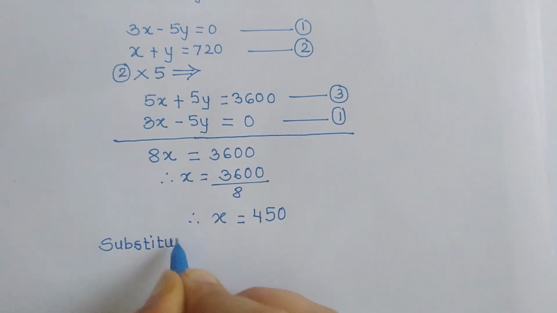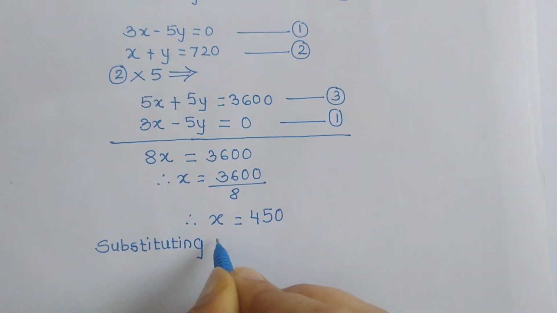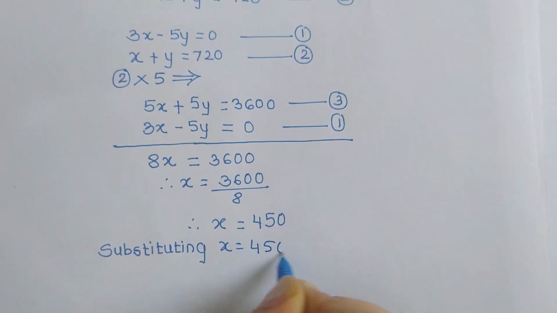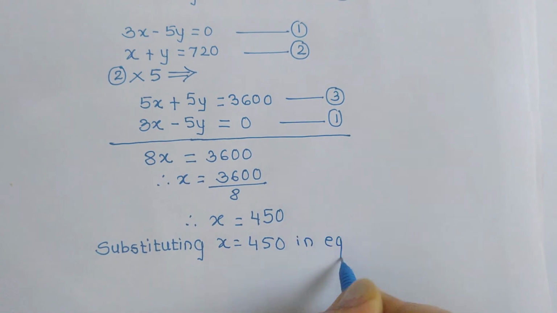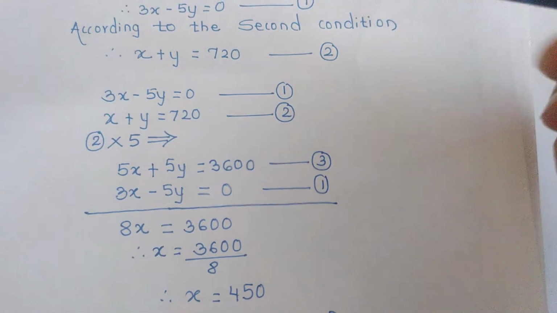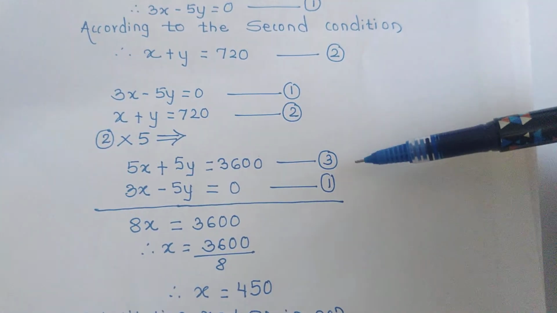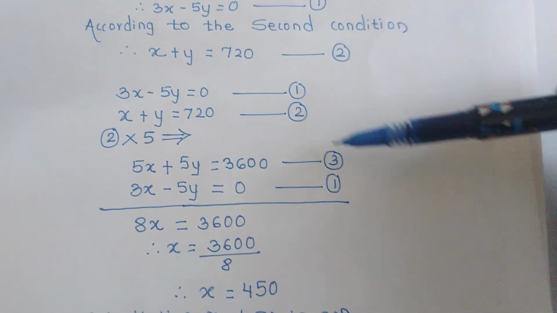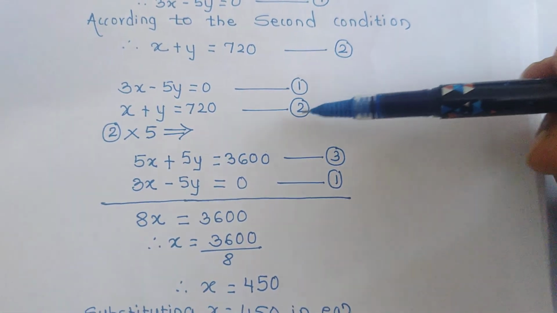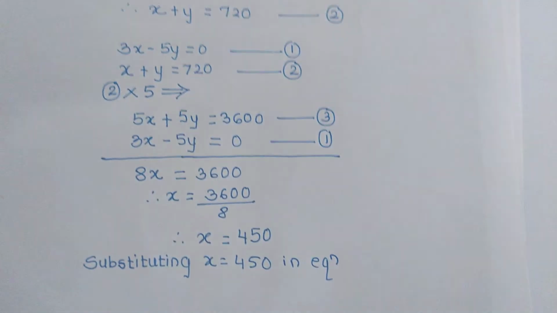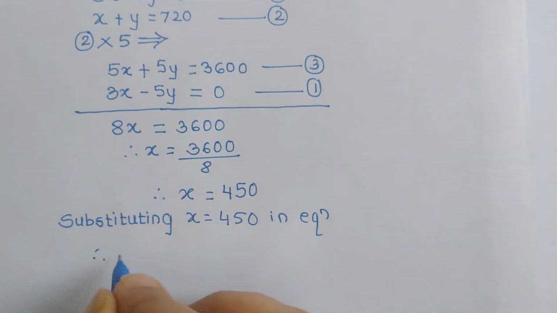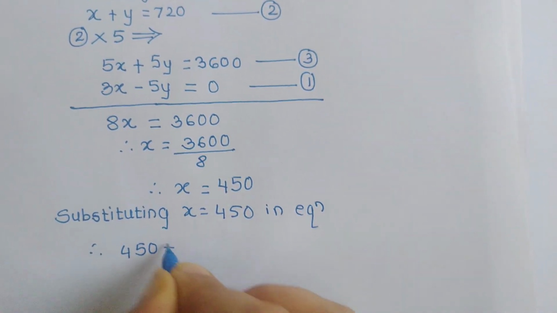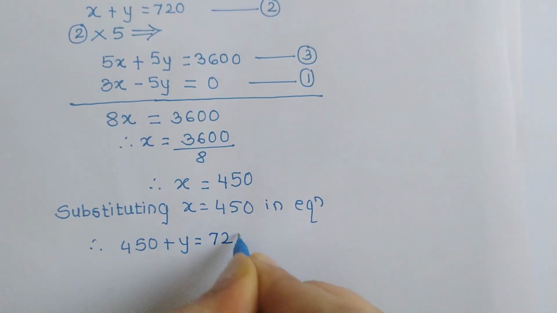So substituting x equal to 450. We have got three equations, equation 1, equation 2, equation 3, and we can put the value of x in any equation. I choose equation 2, which is x plus y equal to 720. So we can write 450 plus y is 720.